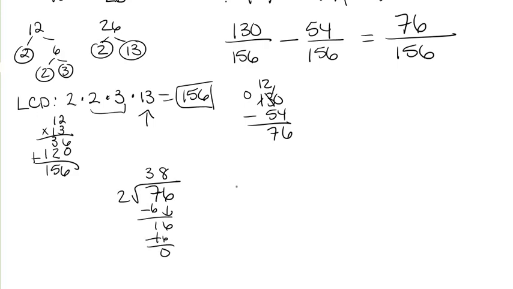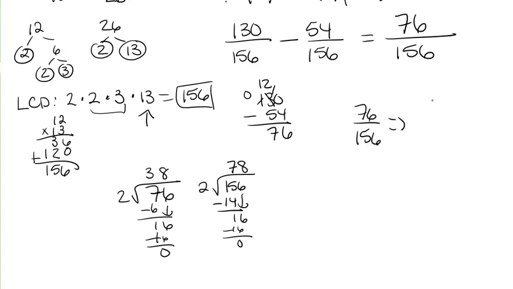Now 156. 2 can go into 15 7 times. Then we got 14. 15 minus 14 is 1. Carry the 6. Then we get 8. So 2 times 8 is 16. Subtract, we get 0. So 76 over 156 can then become 38 over 78.